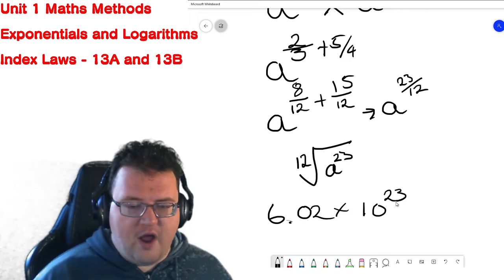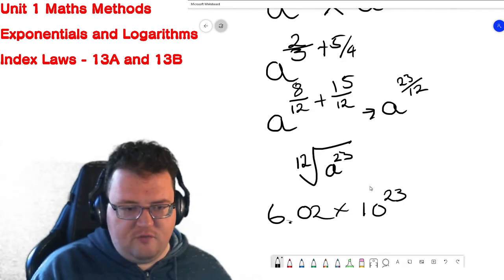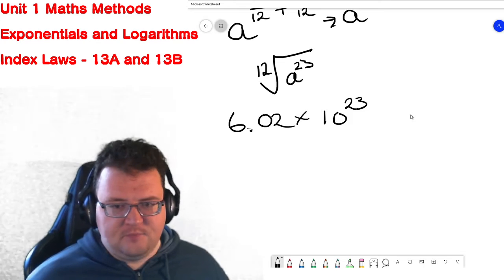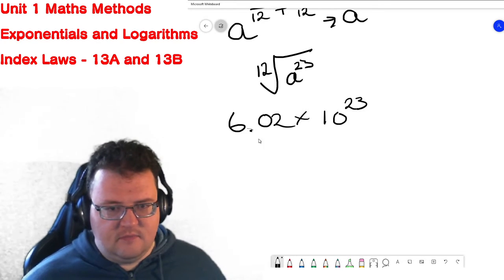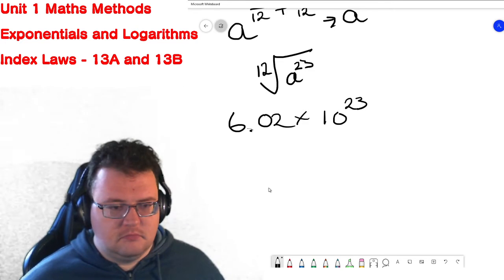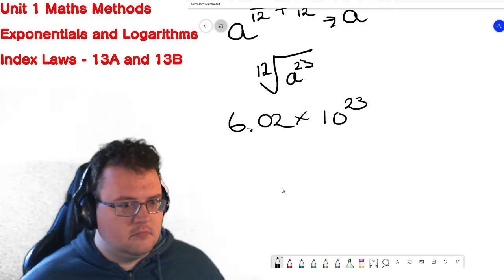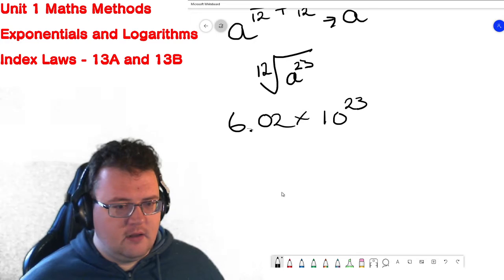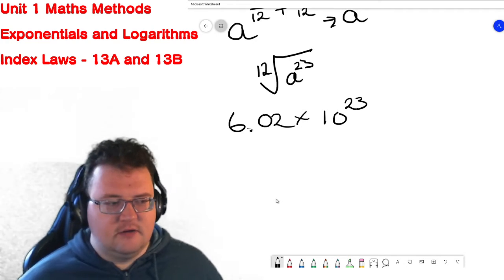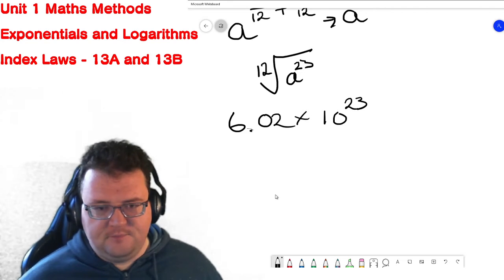This is why being able to work with really large numbers is useful, because that's a mole of something. What if I had a mole of moles? If I had a mole of moles, how many atoms would I have?